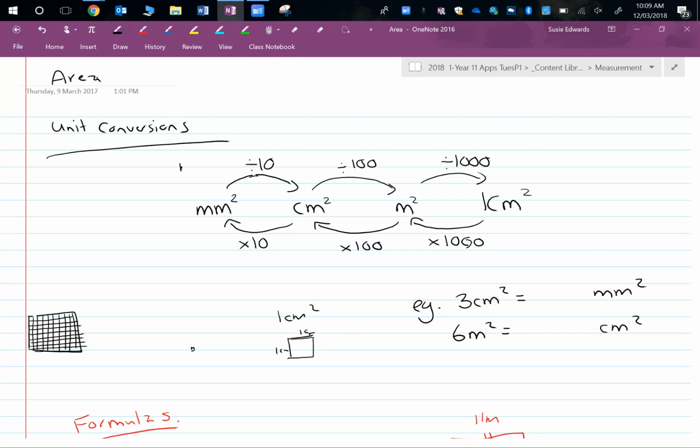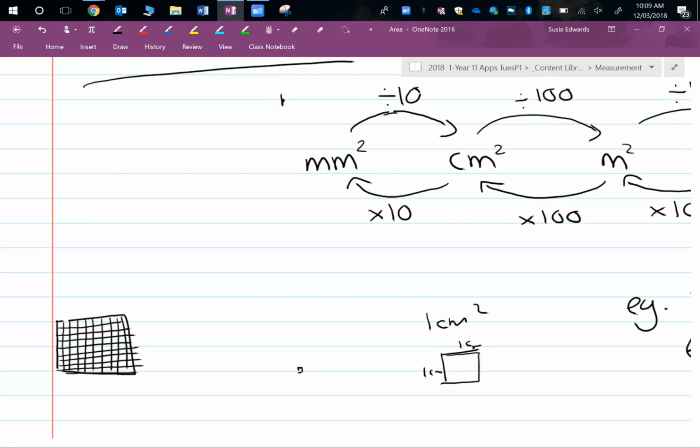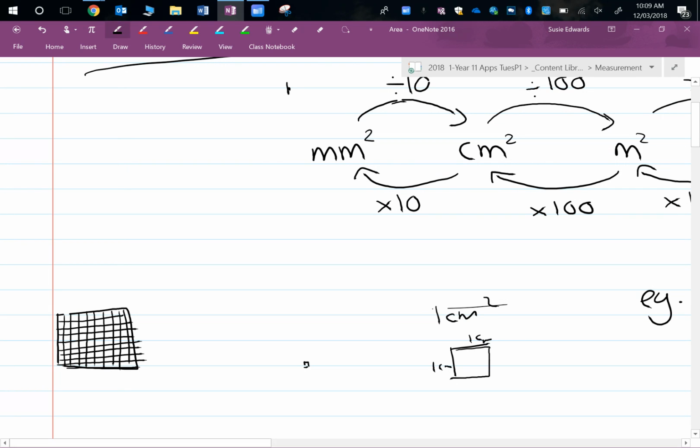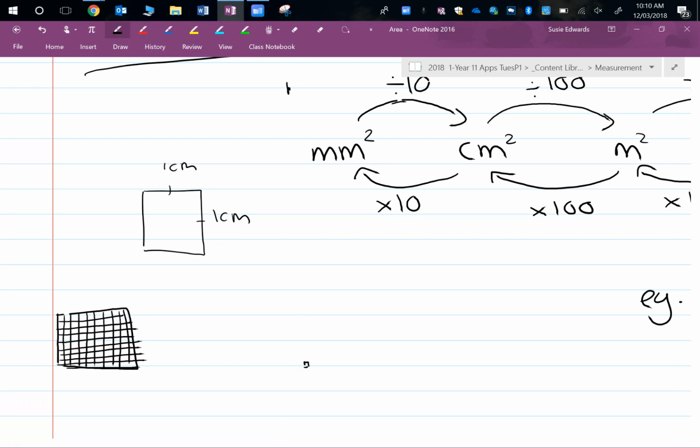Now, to be able to do that, if we look at this and we go, okay, 1 square centimetre means 1 centimetre by 1 centimetre. So it's an area of space, which is 1 centimetre by 1 centimetre. All right. If I then break that down into 10, see this little space here.